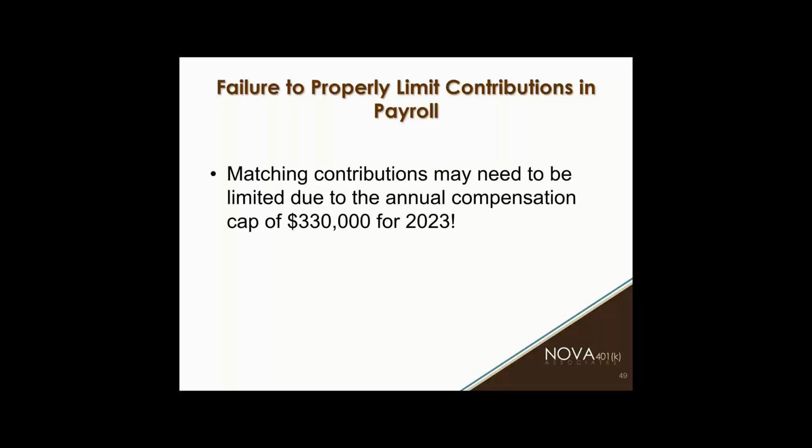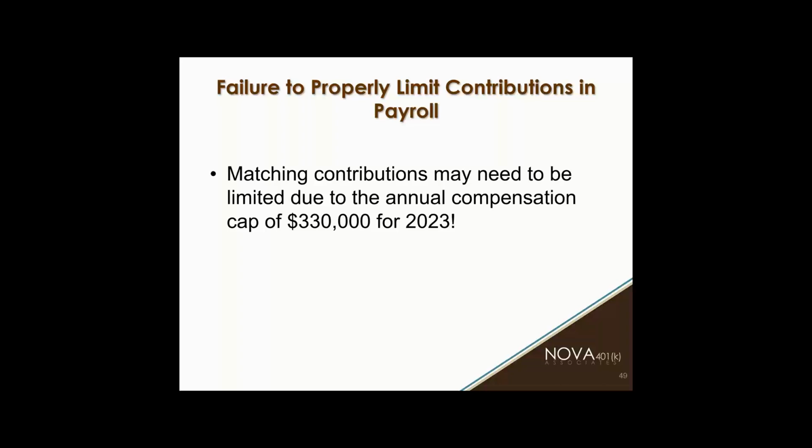A lot of companies get into trouble here. There's also a limit on the match if you're making one because of the annual compensation cap. So there's a separate limit on the total amount of pay that we can count, we being NOVA and your plan itself.